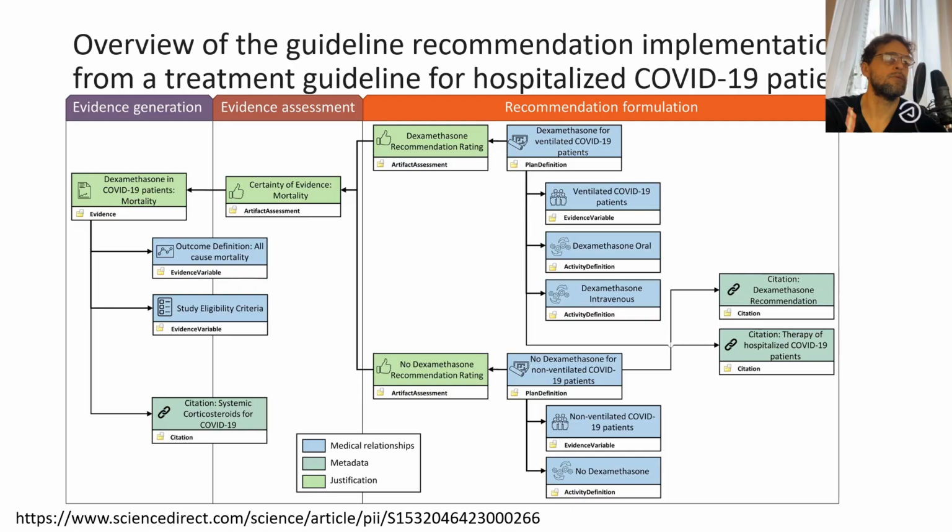Another example could be provided as how this data was used in relation to coronavirus treatment. We had evidence generation based on outcomes, mortality, ongoing studies, citations in literature, and this data was combined in common space to provide recommendations on how certain treatments could be used in a certain way.